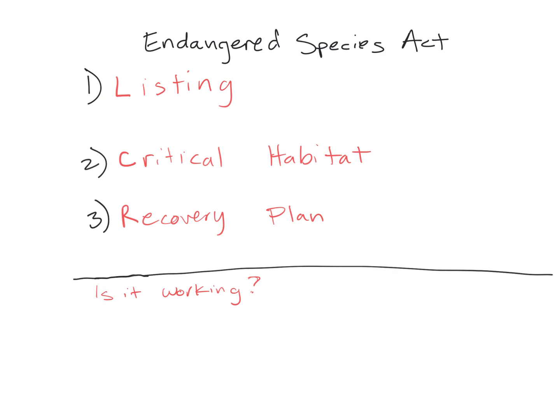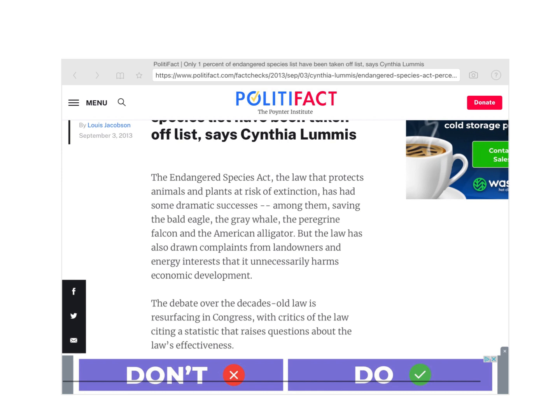All right, so would you say this program is working, that it's good, it's done a lot of good stuff, preserved and allowed a lot of species to come back? Okay, you support it? All right, some people might say it hasn't done enough. So here's an article.